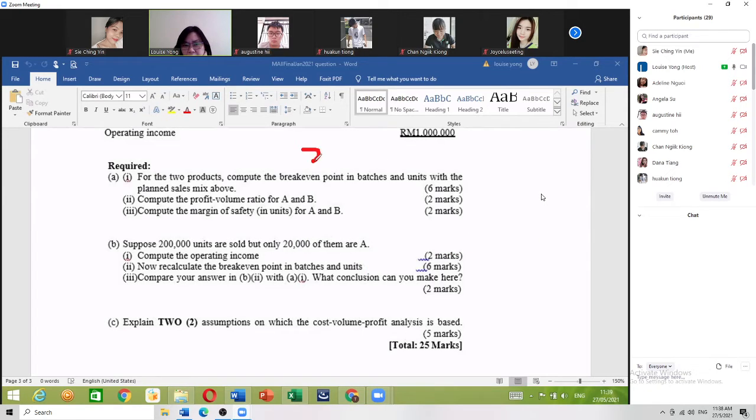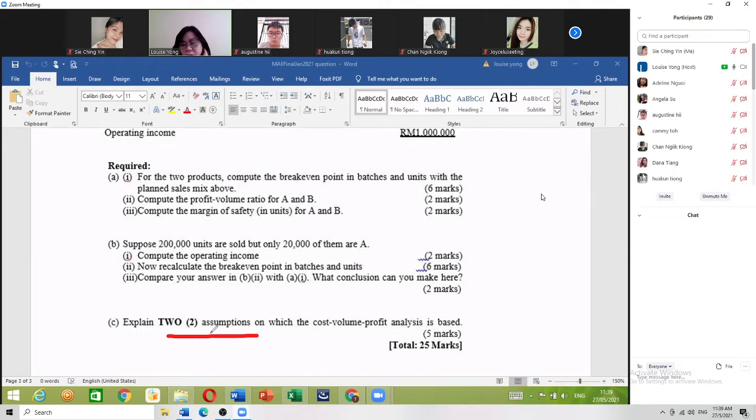So 你是要用 A 的 3 to 1的 sales mix 比较好呢，还是要用 B 的 1 to 9的比较好？他问你了, Number 3 here, what is your conclusion here? Then next part C, explain any two assumptions. 5 marks.